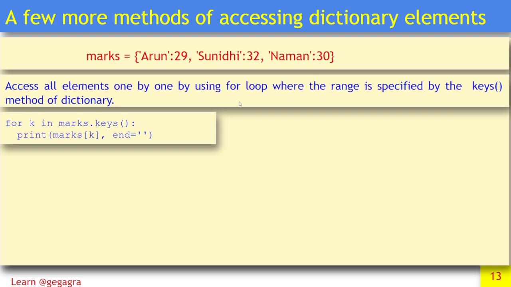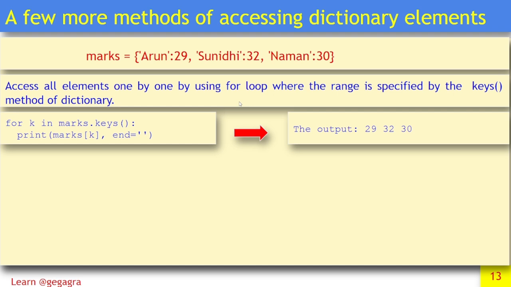First it will take Arun, then Sunidhi, and then Naman. The first key is Arun, so it will print 29. The second key is Sunidhi, so it will print 32, and the third key is Naman, so it will print 30. So the output is 29, 32 and 30.